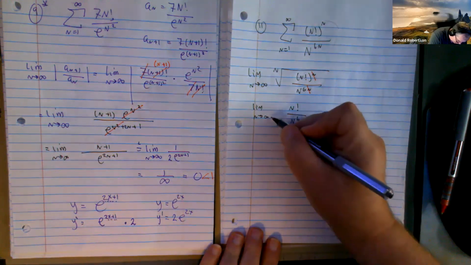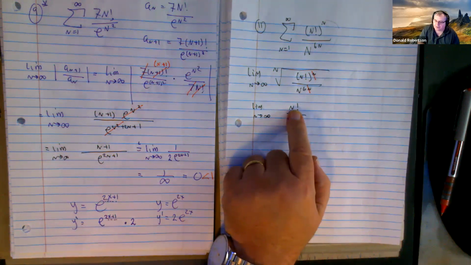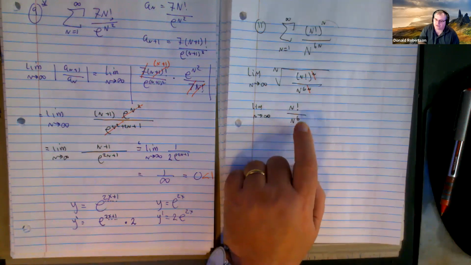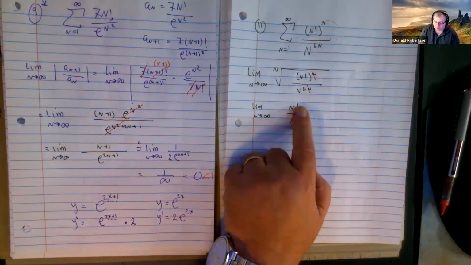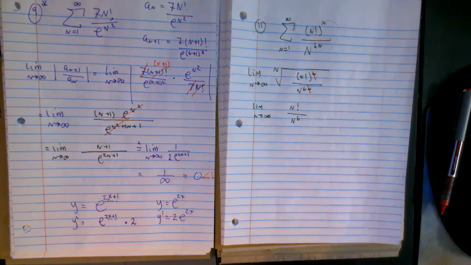And in this case, can't we do relative growth rate? Which one's going to win the battle? Which one gets bigger quicker? N to the power of 6 or n factorial? Which one of them is the biggest guy in town? The factorial.